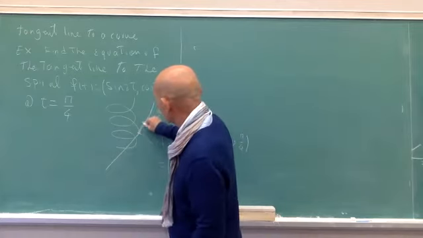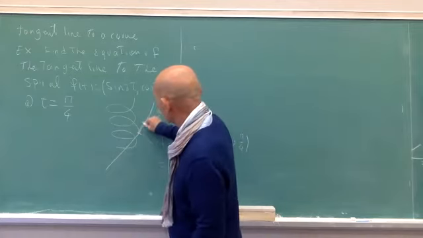All we need to know is the tangent direction. The direction v is exactly f prime at pi over 4. What is f prime? Let's differentiate. You get 2 cos 2t, then minus 2 sine 2t, and then a third component, which is just 1.